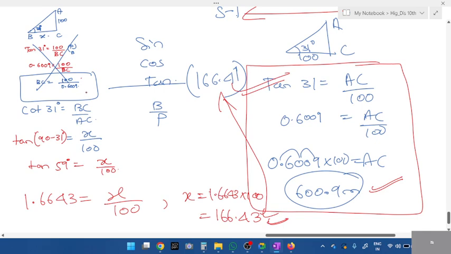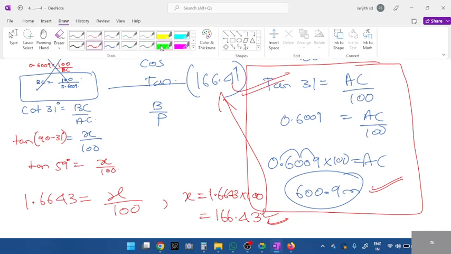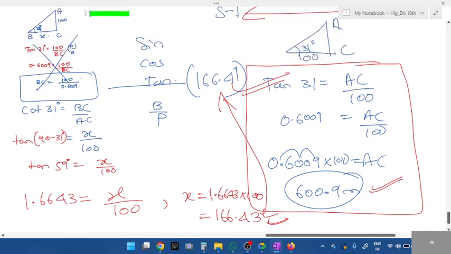Remember, decimal calculation is tough. Make a note of this. Just make a note of this green one along with the diagram. Draw it along with the diagram.